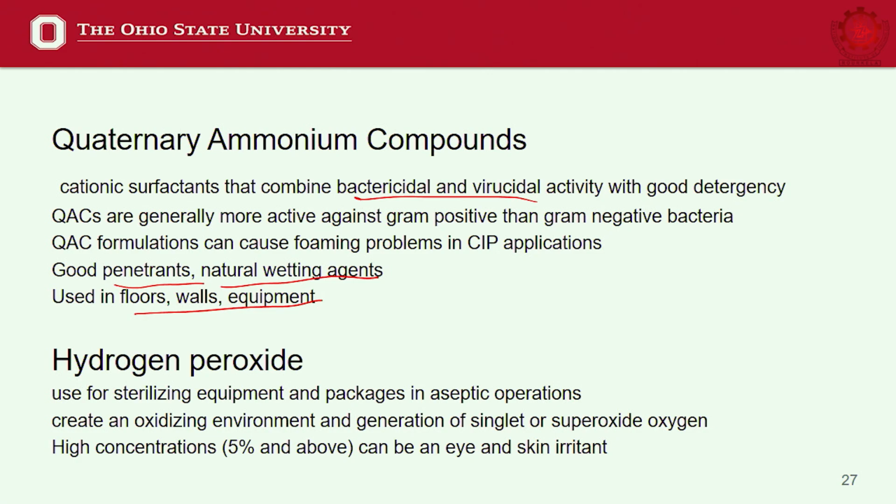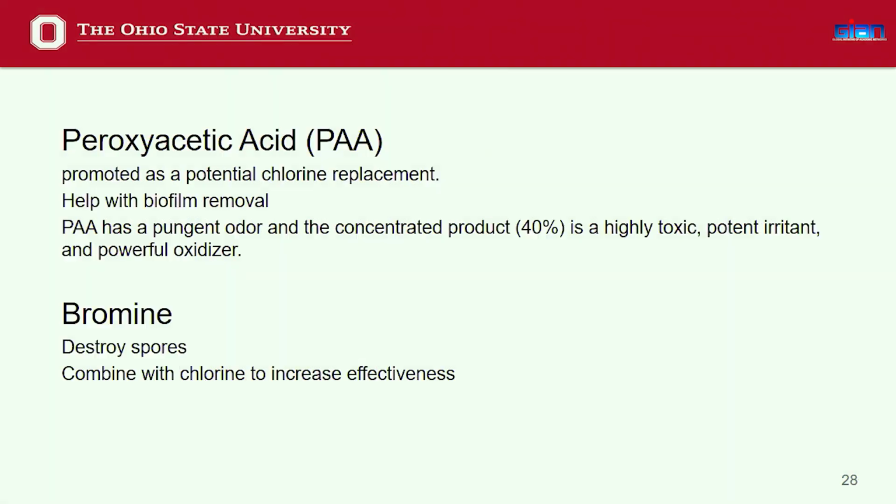You typically use hydrogen peroxide to get your surfaces sanitized. Now, if you use above a certain concentration, like 5% or above, it can cause eye and skin irritation. And PAA, peroxyacetic acid, has a pungent odor, and above a certain concentration it is toxic.